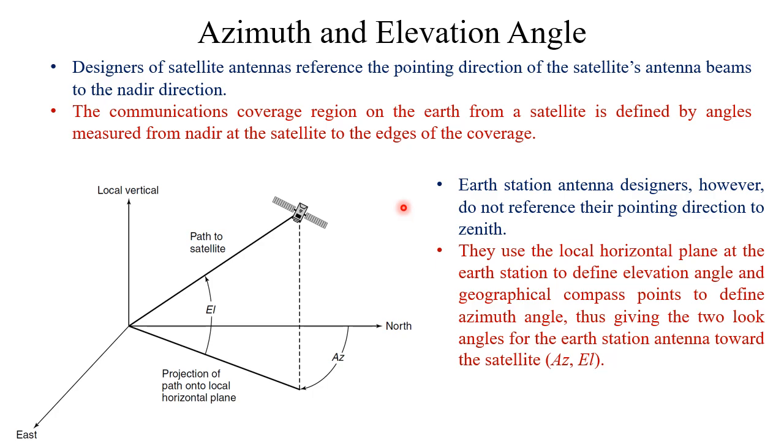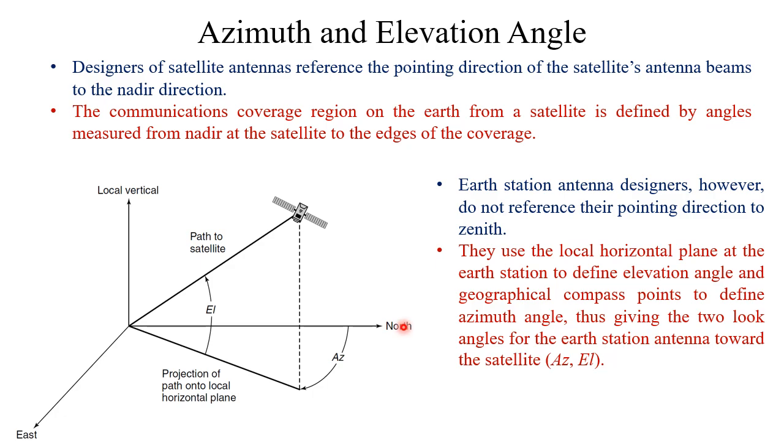Now, how can we locate the satellite from some Earth station? For that we require two angles. One is called the azimuth angle, another is called the elevation angle, right? Suppose this is the local vertical. We are standing at some point and this is the local vertical. This is the east direction and this is the north direction.